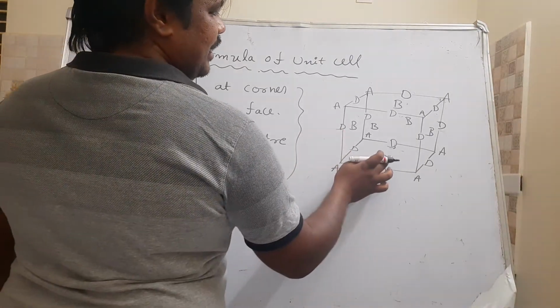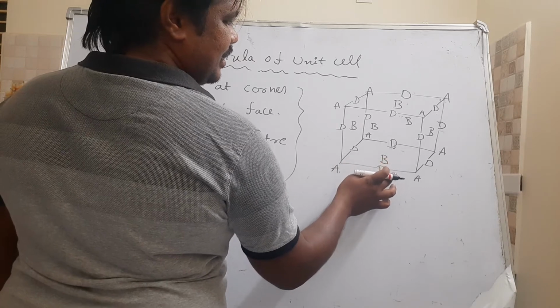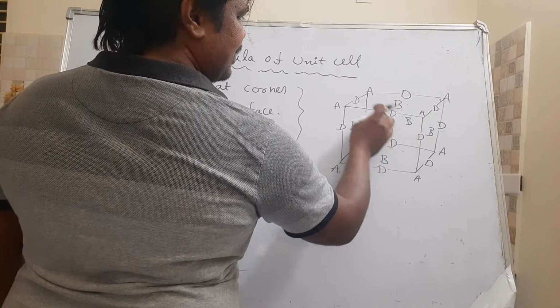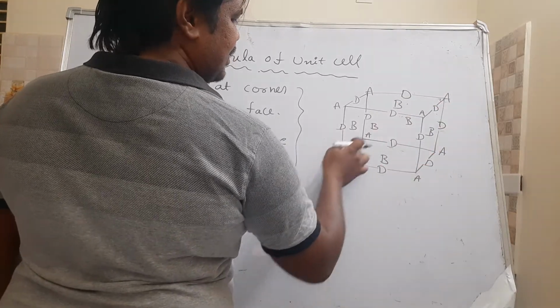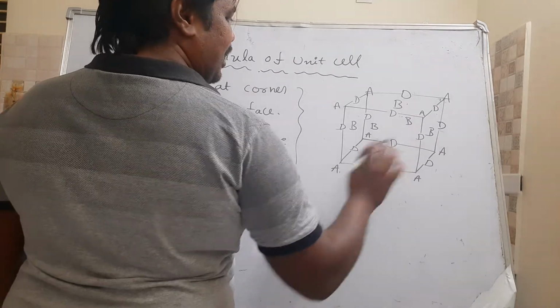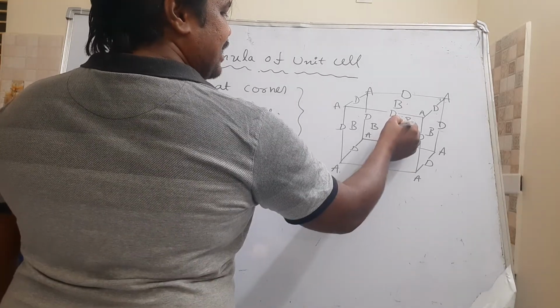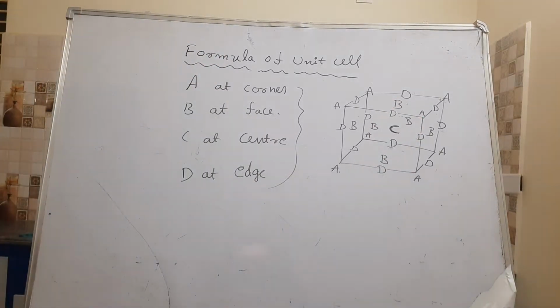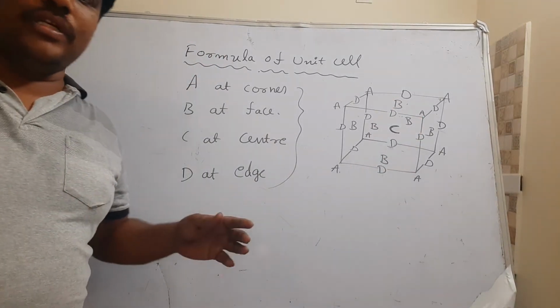Is any edge missed? Just verify once. I think no edge is missed. Every edge is covered, so 12 D's will be there. And C is at the center of the cubic unit cell. That is the question they are asking students.